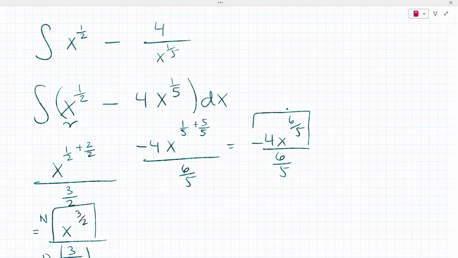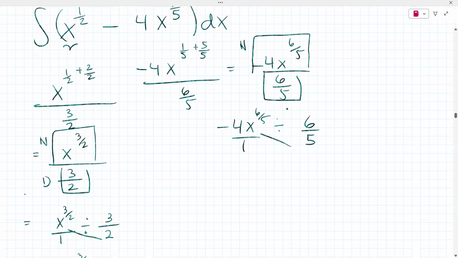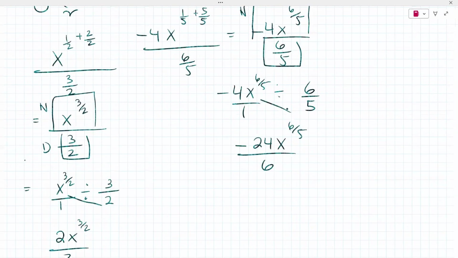So this is your numerator, and this is your denominator. So we can rewrite this as negative 4x to the 6/5 divided by 6 over 5. Cross multiply, so that will be negative 24x to the 6/5 over 6. And we know that negative 24 over 6 comes out nicely as negative 4.